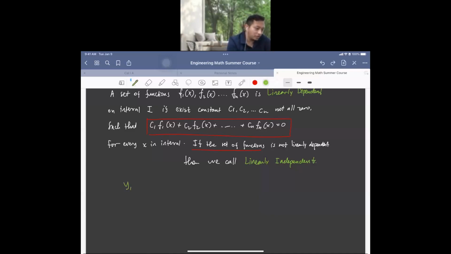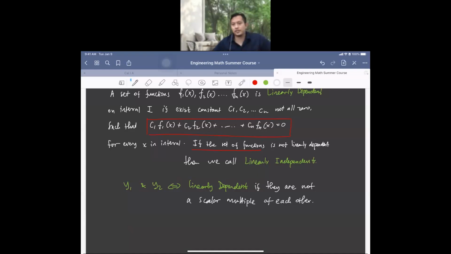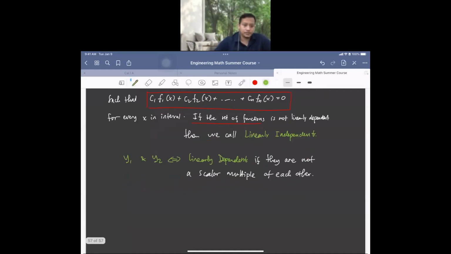We call y1 and y2 linearly dependent if, and this is my simple definition, they are scalar multiples of each other.